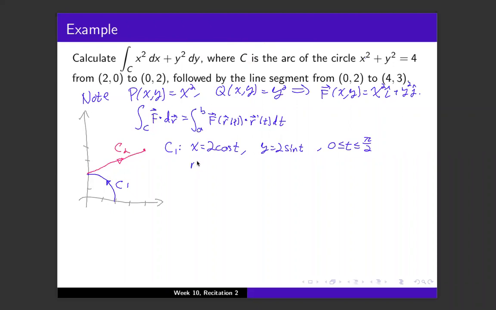Okay, so now that means that r1 prime of t is negative 2 sine t, 2 cosine t, and F of r1 of t is 4 cosine squared t i plus 4 sine squared t j.